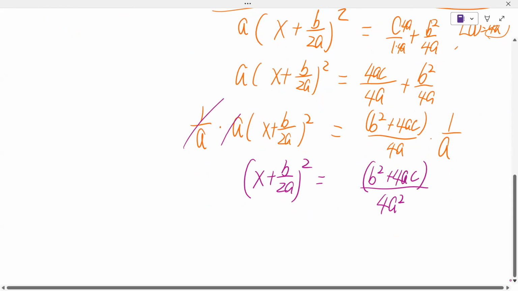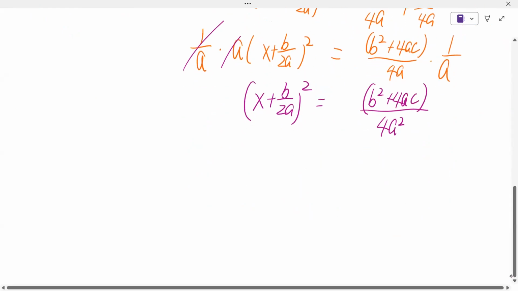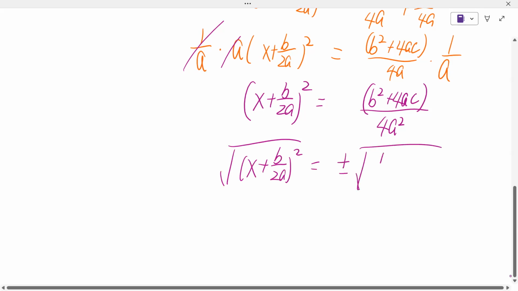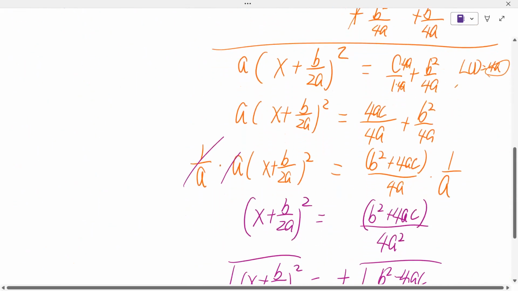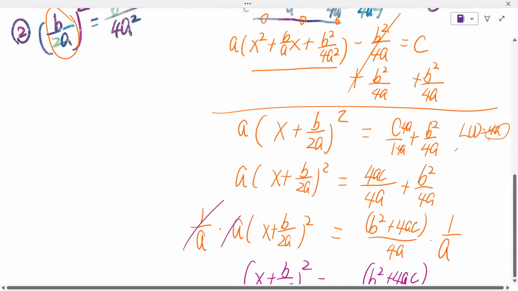Now we're taking the square root on both sides of the equation, taking the square root here on the left hand side. On the right hand side put plus or minus, and then b squared plus 4ac. Should be minus 4ac though.